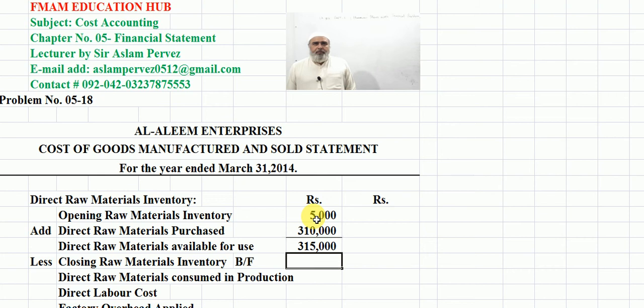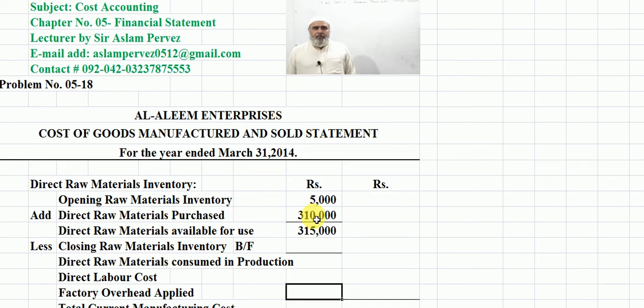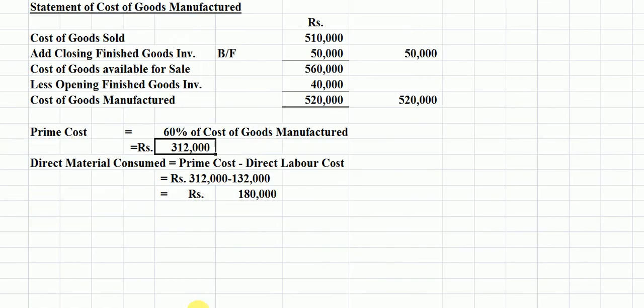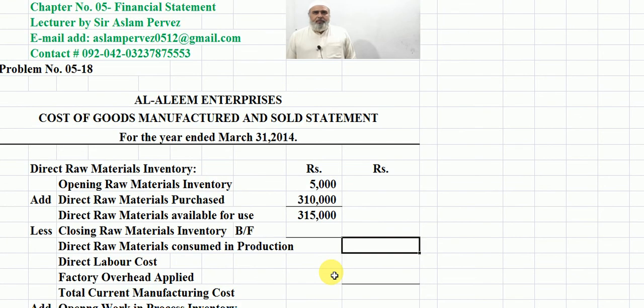Now this value is not given. This value has been destroyed in fire. Then we find the value of direct material consumed, which is 1,80,000 rupees. We put 1,80,000 rupees here.